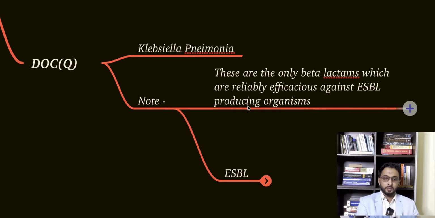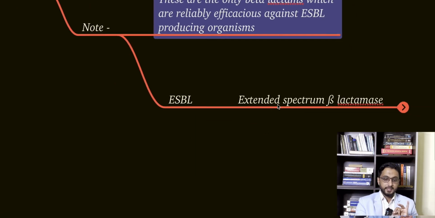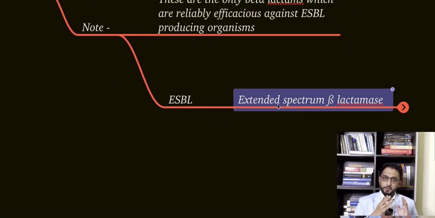Why is it important? These are the only beta-lactam antibiotics which can be reliably efficacious against ESBL organisms. We studied penicillinase producing organisms. Now there is a more dangerous organism, which is extended spectrum. What is ESBL? Extended spectrum beta-lactamase. We saw beta-lactamase producing, which was in itself a dangerous thing. Now we come across extended spectrum.